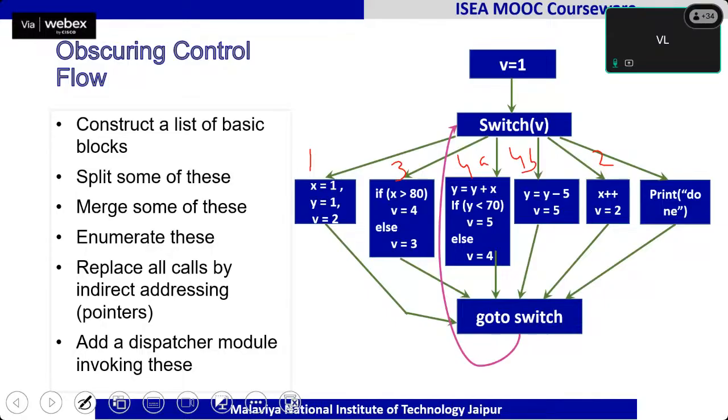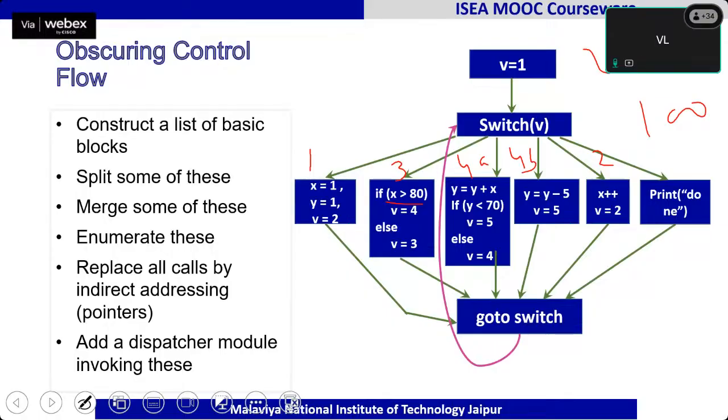Here maybe we can make sense of what this program is doing, but if there are too many states, if we can go from 1 to 100 and there are too many branches going on, it will be very difficult for us to know what is actually going on.